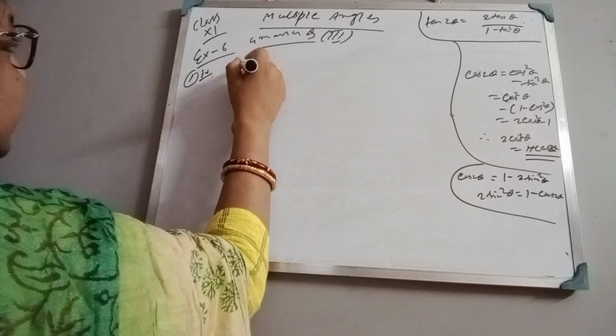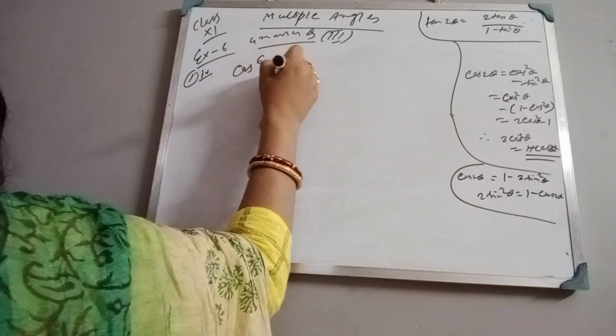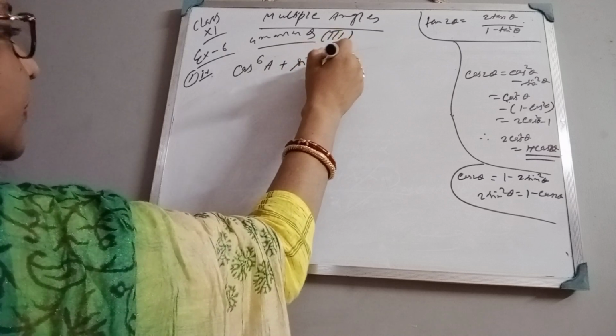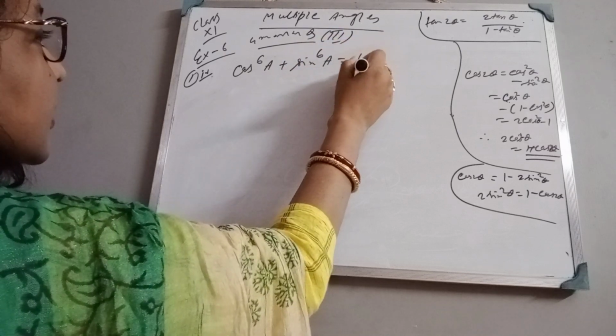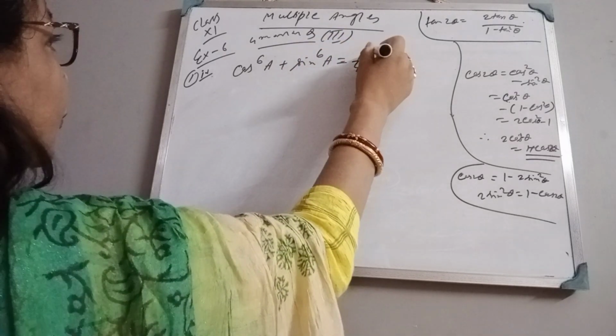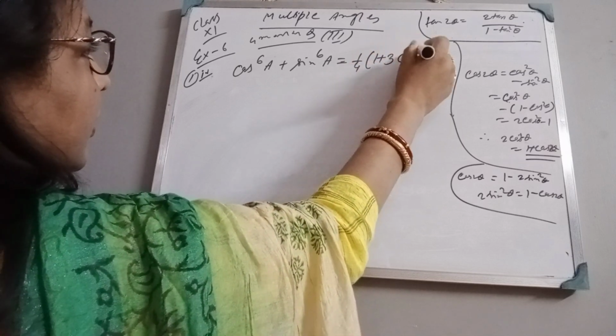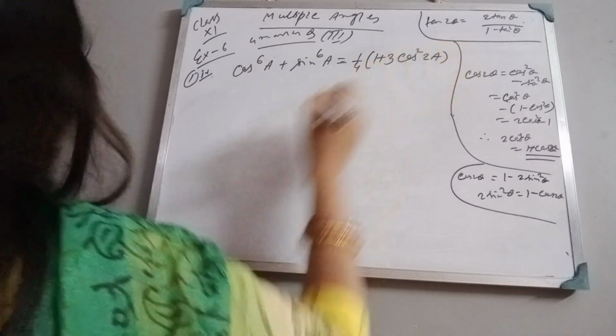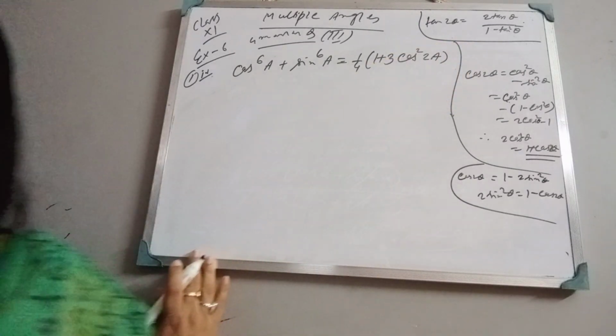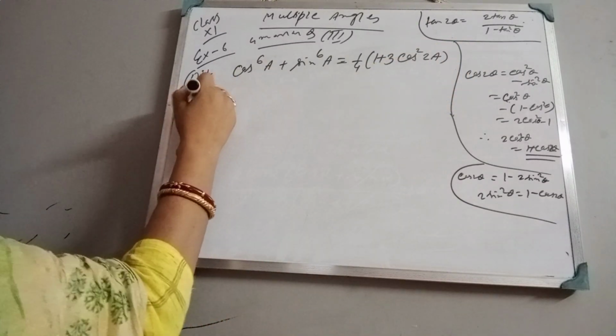Cos to the power 6 A plus sin to the power 6 A is equal to 1 by 4 into (1 plus 3 cos square 2A). Okay. Now let's start from the left side.